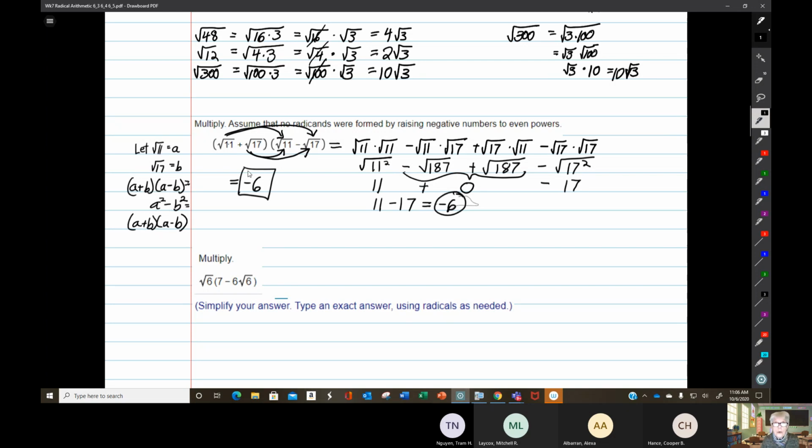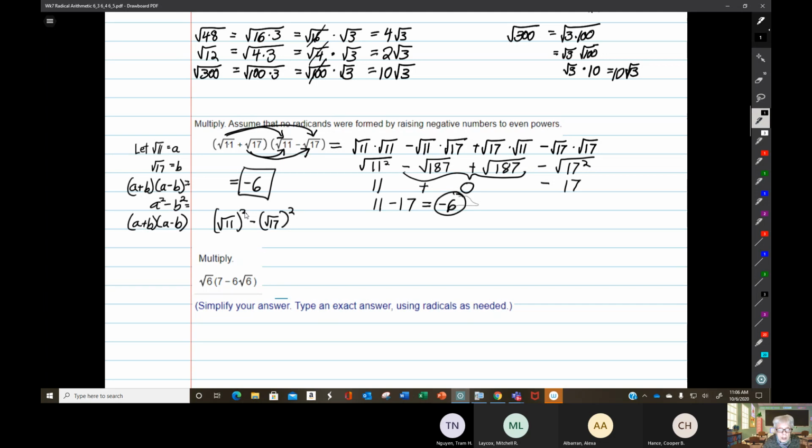So when you know you're multiplying conjugates, a much quicker way to do this would be this. The square root of 11 squared minus the square root of 17 squared.